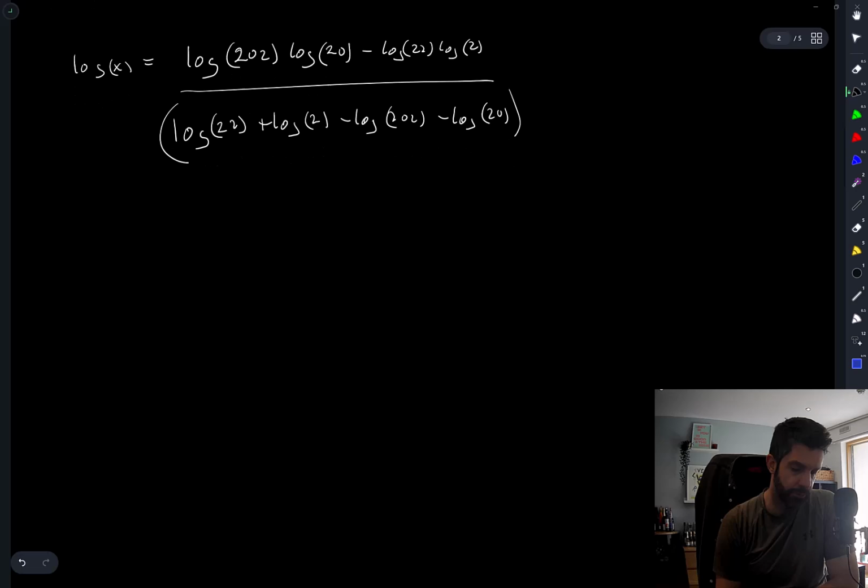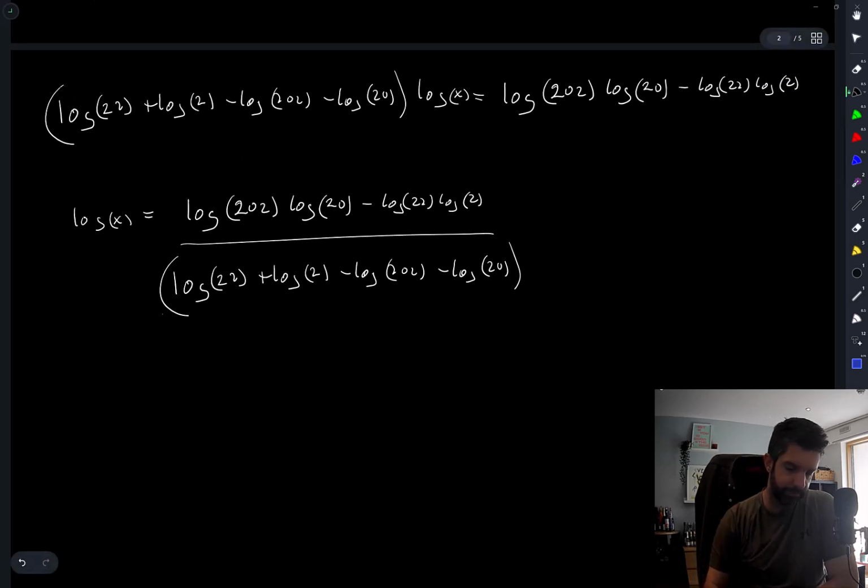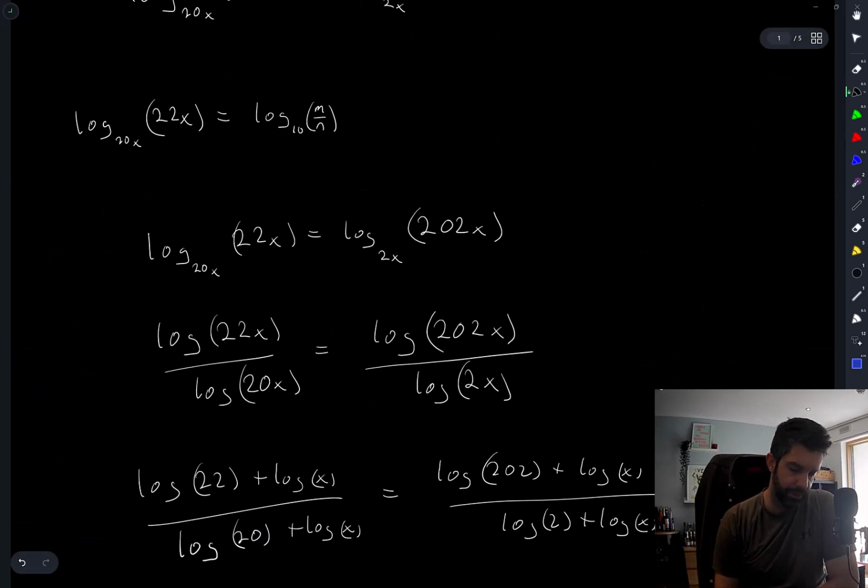If I replace all these logs with log base 2, nothing changes, right?